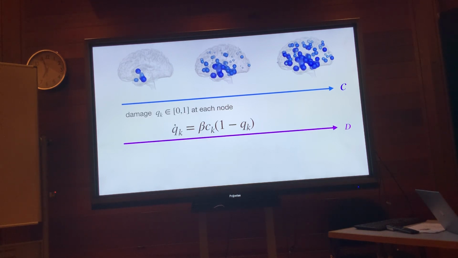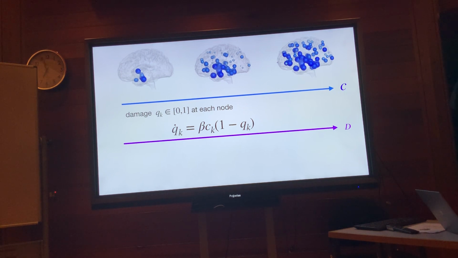What you can do now is look at a damage model that says, forget about the equation, the longer the node placed in the region is exposed to a toxic protein, the more damage it creates. So it's a first order rate damage.